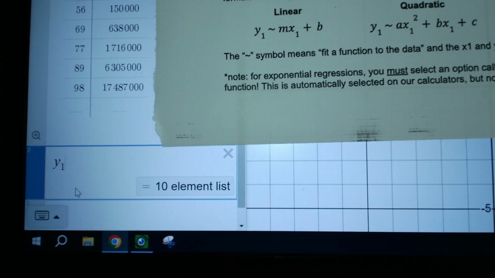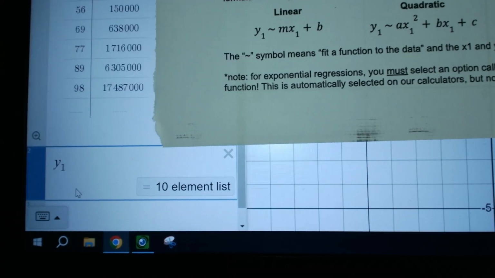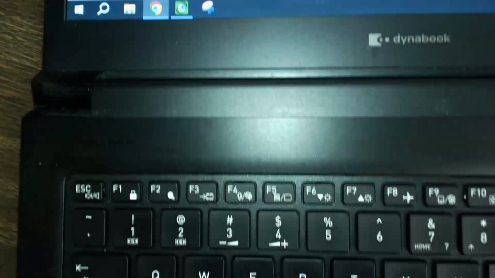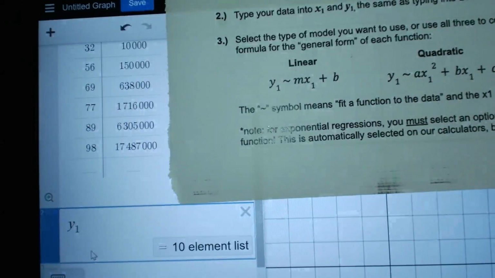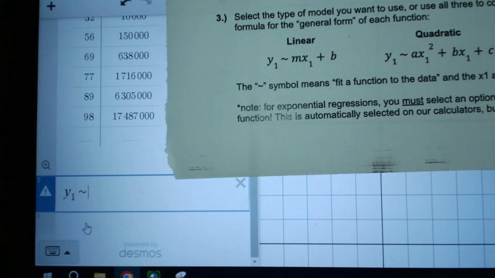The next thing is this squiggly. The squiggly line comes from this button right beside the 1. If you hold down Shift and then press that button, it'll give you the squiggly. What that is asking Desmos to do is fit a function model to the information in Y1, and eventually X1 as well. Now usually we say a linear function is y equals mx plus b.